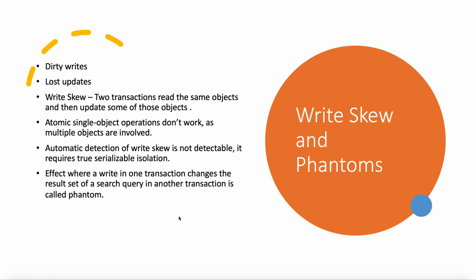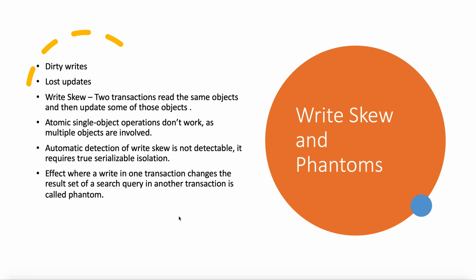If you look at the two examples, the doctors on call and this meeting room, we see a similar pattern. A select query checks whether some requirement has been fulfilled, and it returns a result set.